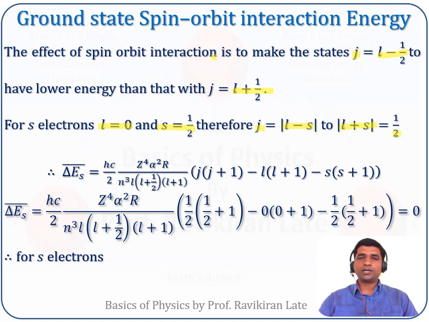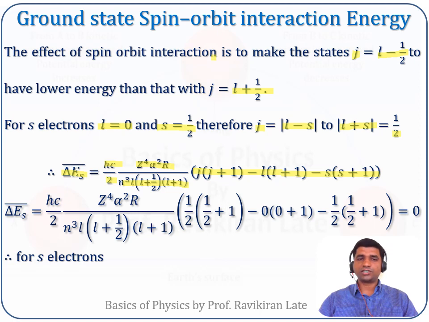So if I substitute it in the formula of the expectation value of the spin orbit interaction, which is delta E S bar equal to hc by 2 into this bracket into j into j plus 1 minus l into l plus 1 minus s into s plus 1.